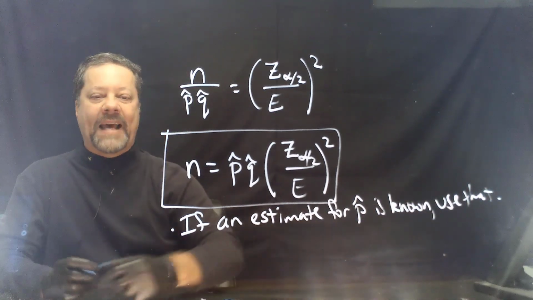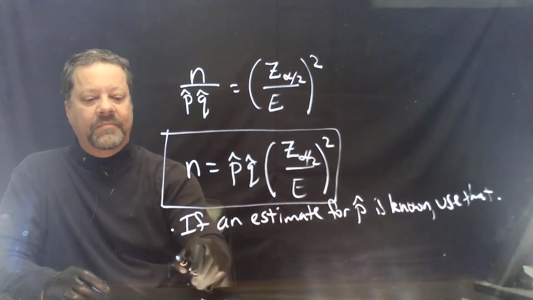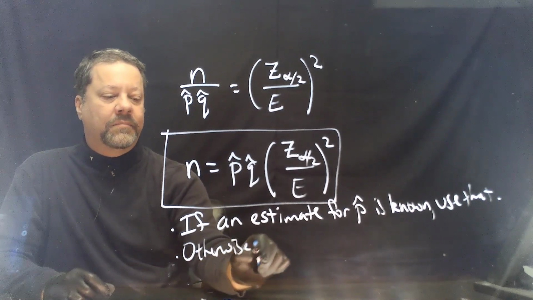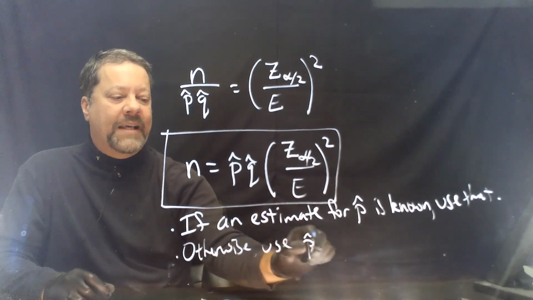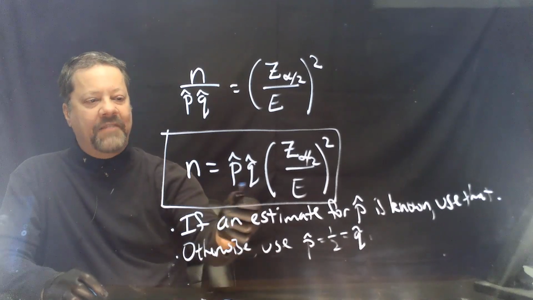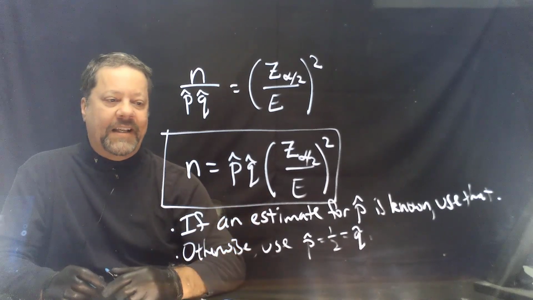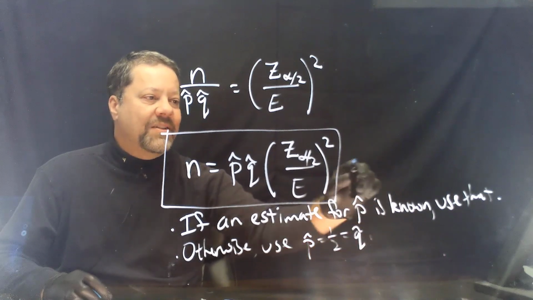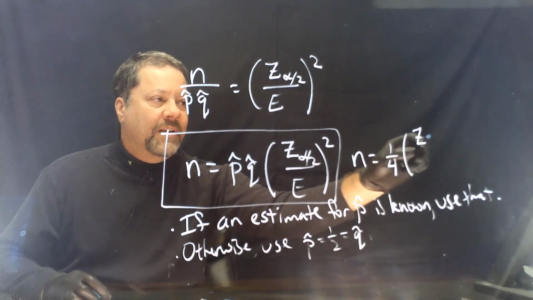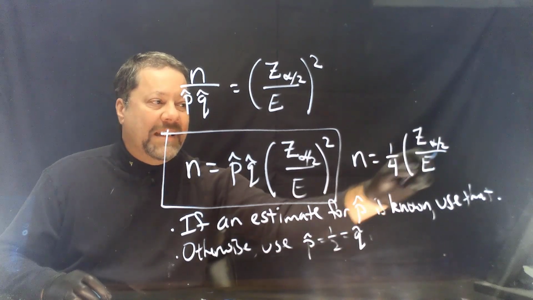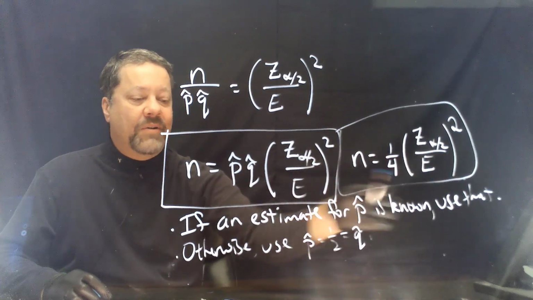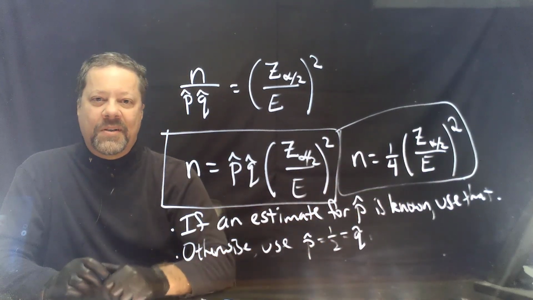If an estimate for p hat is known, then use that. Otherwise, use p hat equals 1/2. That'll be 1/2, and q hat will also be 1/2 in that case. So in that instance, you'll have n equals 1/4 times z alpha over 2 over e, quantity squared.